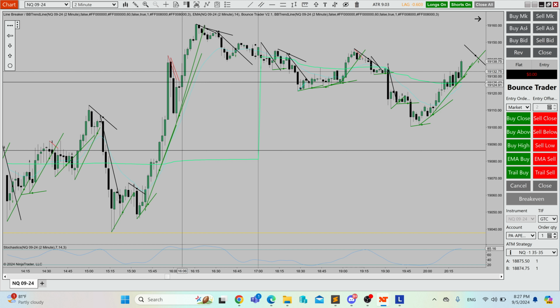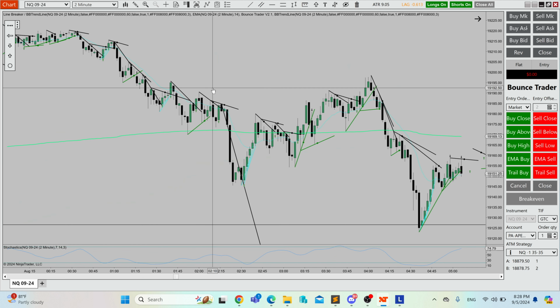Oh, this is late in the day. But I just wanted to show you that you could trade the line breaker, you could trade bull and bear flags, and those seem to be very high probability setups because we're using momentum, using stochastics, and as soon as it breaks, like right here, it just goes for your scalps.